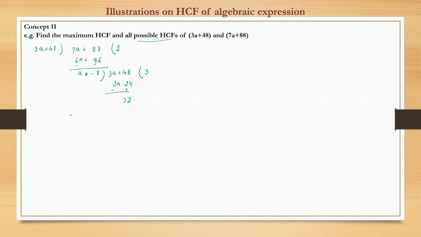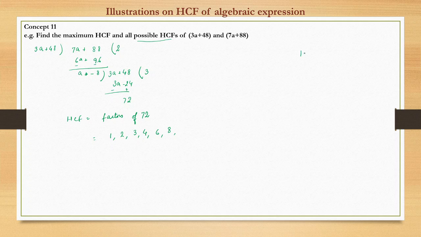So maximum, now we know the HCF of these two expressions is nothing but the factors of 72, right? So factors of 72 are nothing but what? 1, 2, 3, 4, 6, and I think you know how to find the factors, that we have already covered.